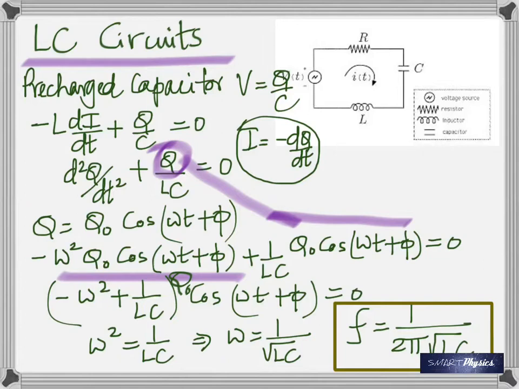Now, look at this again. Doesn't this also mean that if you could change one of them, you could change the frequency? That's what you do when you tune your radio manually. How many of you know what I'm talking about? When you turn that, actually you're changing the capacitance. It's easier to change the capacitance. Why? Because remember, you could have a gang capacitor, so many capacitors together, one set of plates fixed, the other set of plates moving in and out.